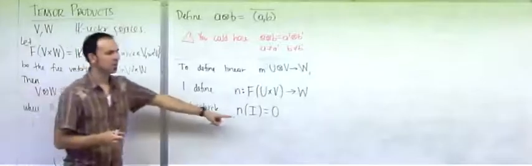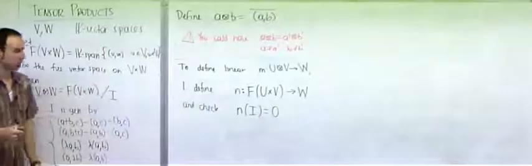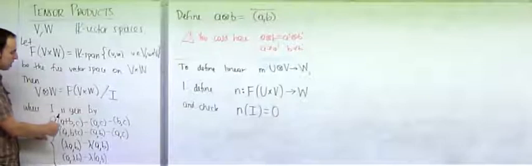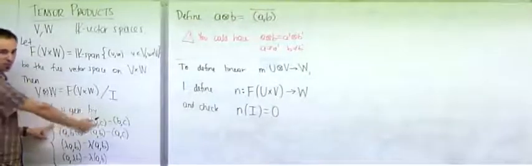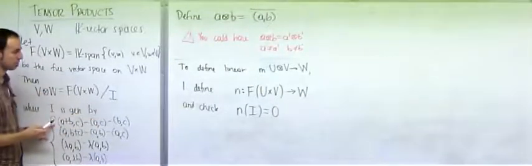Now, what does it mean to say that n of I is equal to 0? It means that n of (A plus B, C) should be equal to n of (A, C) plus n of (B, C), etc. Okay.